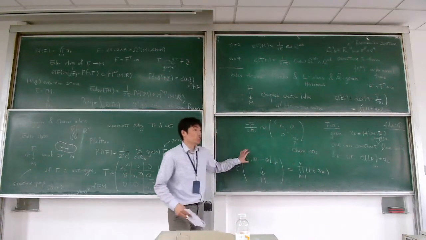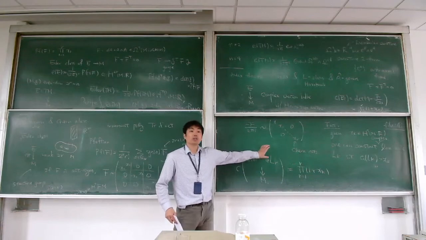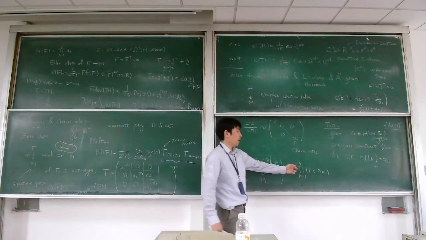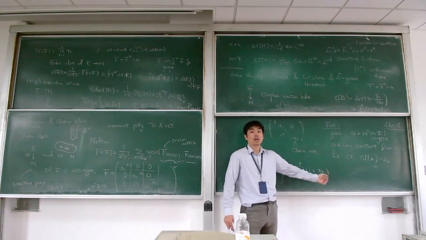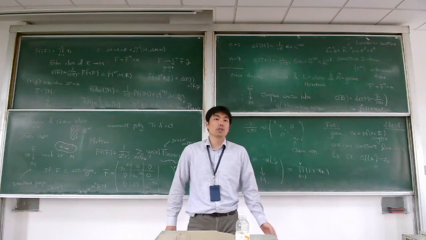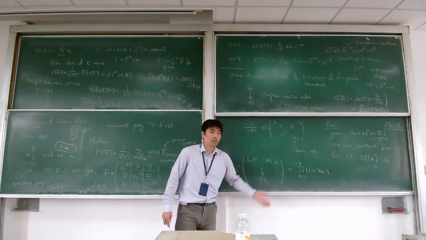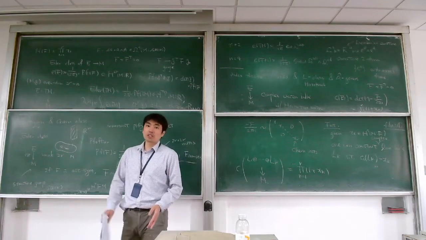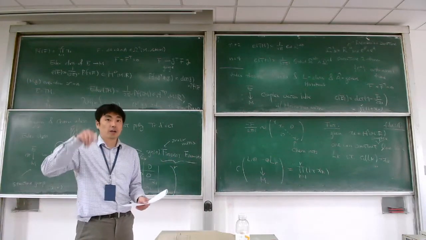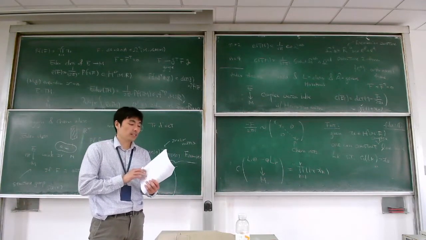From each line bundle you have a contribution 1 plus x_k. And if you consider a direct sum, or Whitney sum, the Chern class is just a wedge product, as we learned last time.